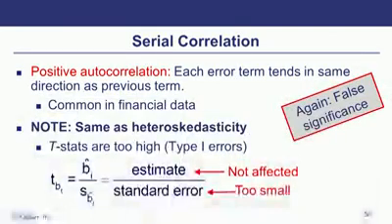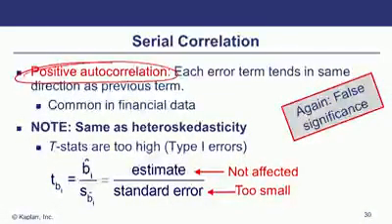Now, good news for you guys. In financial data, and of course as CFA analysts you should care about financial data, it is rare to see negative autocorrelation, so the more relevant scenario is the positive autocorrelation scenario. I want to start by giving you a picture of what this might look like.